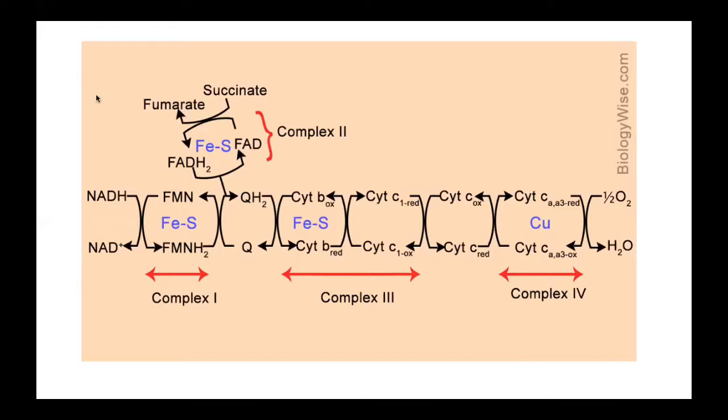Then at complex 2, which acts on the succinate produced by the citric acid cycle, which is the Krebs cycle, it converts succinate to fumarate. This reaction is driven by the reduction of FAD to FADH2, along with the help of a series of iron-sulfur clusters.